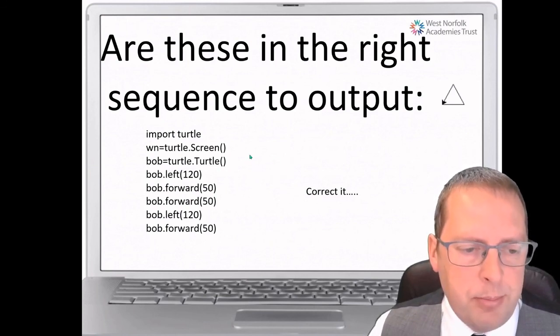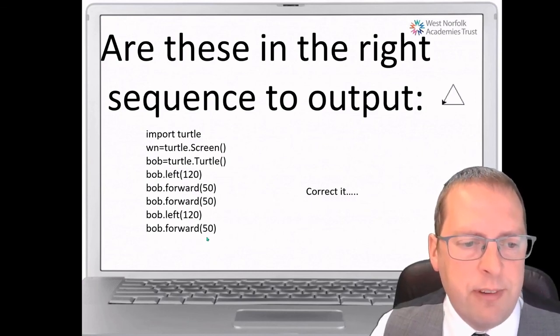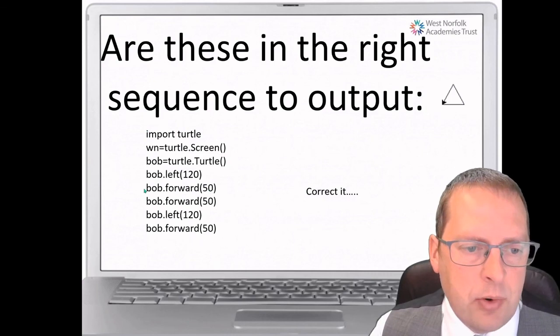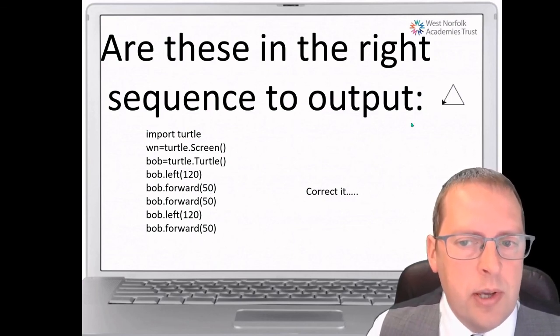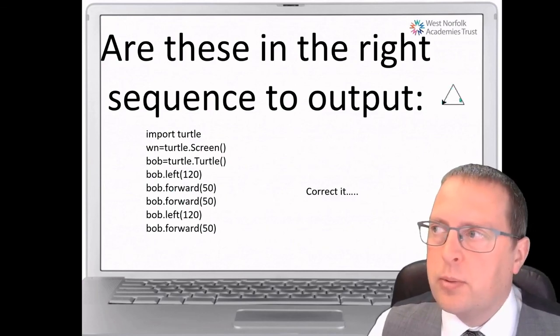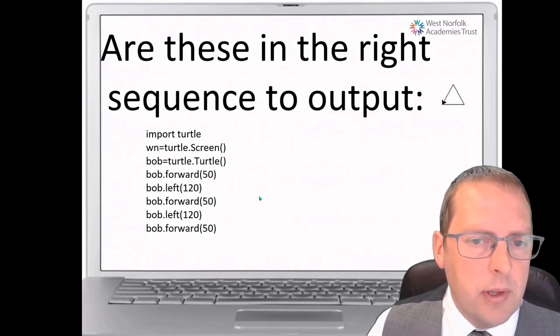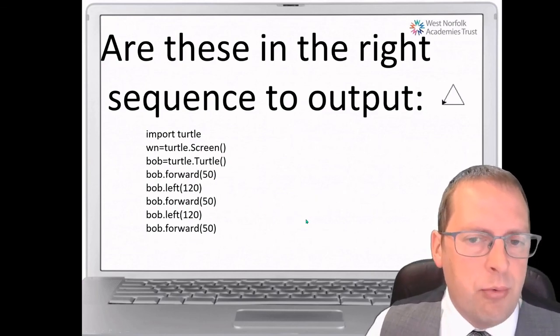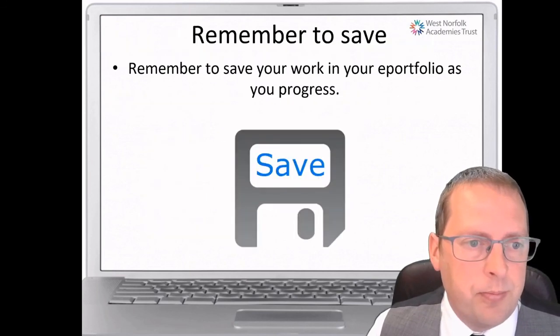Bob.forward 50, Bob.forward 50, Bob.left 120, Bob.forward 50. Now we can probably work out these are in the wrong order. So can you rearrange the code to be able to draw this triangle in your work? So there we go. There's the code reordered to be able to draw that triangle.